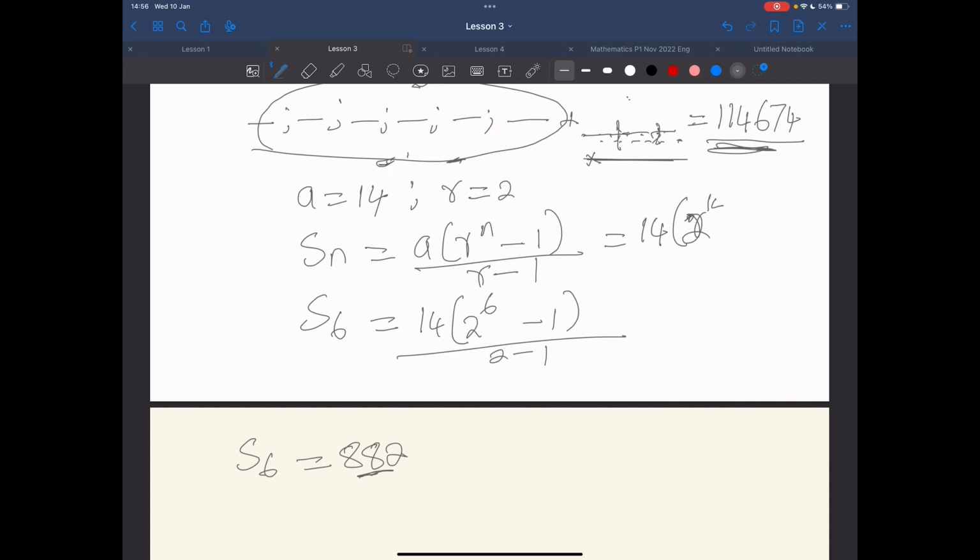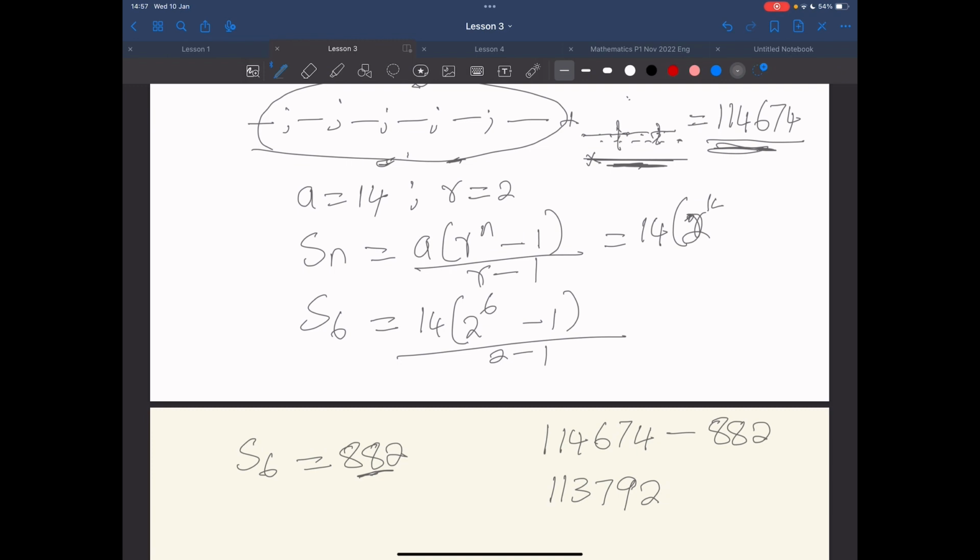So if we take 114,674 and we subtract 882, it means the terms that remain here will give us 113,792.